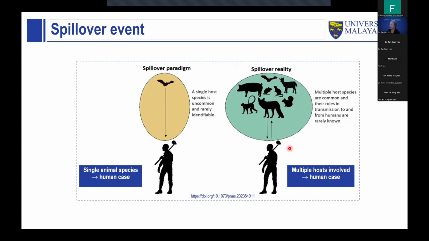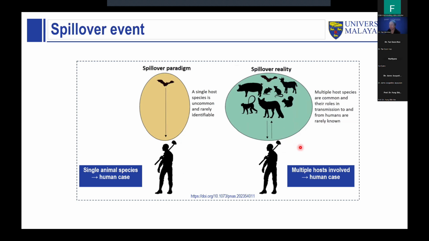And there could be multiple pathogen cycles within different animal species, mammals, birds, and sometimes arthropods could be involved. And for a new pathogen emerging into the human population, at the very beginning, the animal or arthropod species truly involved in the transmission is rarely clear. So this makes surveillance and the study of risk very challenging.